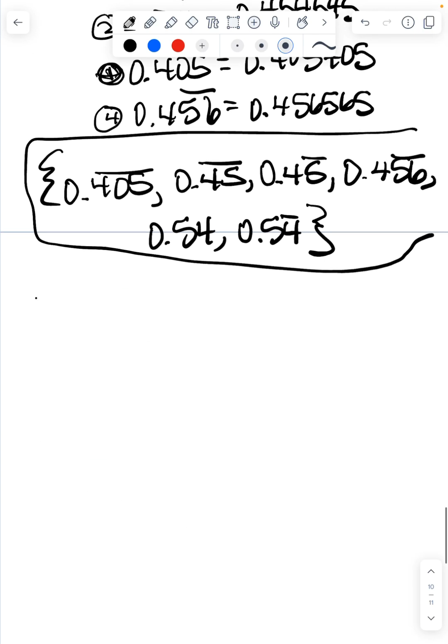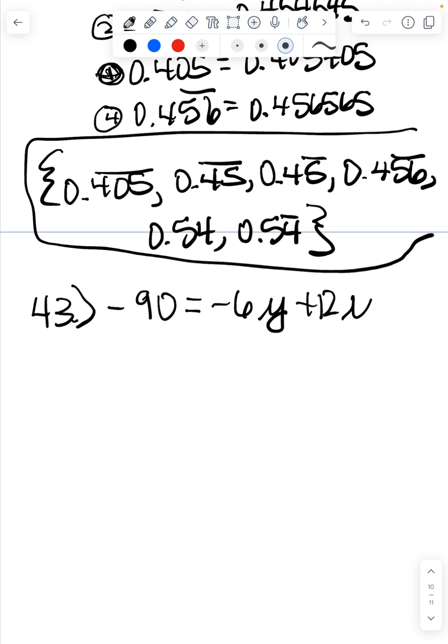Okay, solve each equation. Negative 90 equals negative 6y plus 12y. All right, there's my equal sign. My y is over here on the right side, and there's multiple y's. That means they are like terms that need to be combined before I move from one side of the equation to the other. So negative 90 and equals, those are all staying. This is going to end up being a 6y.